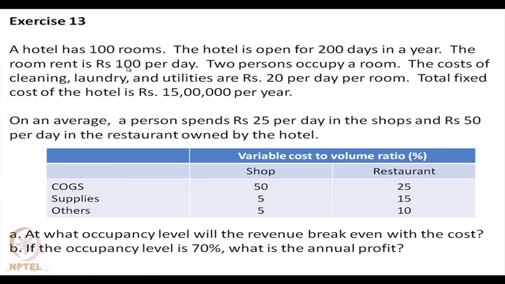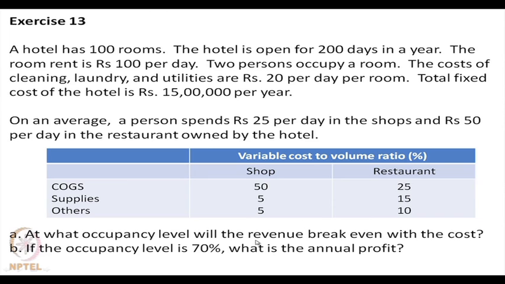The hotel is getting revenue not only from room rent, but also from shops and restaurants. So, various costs are given and the amount a person spends on an average in the shops and in the restaurant are also given.